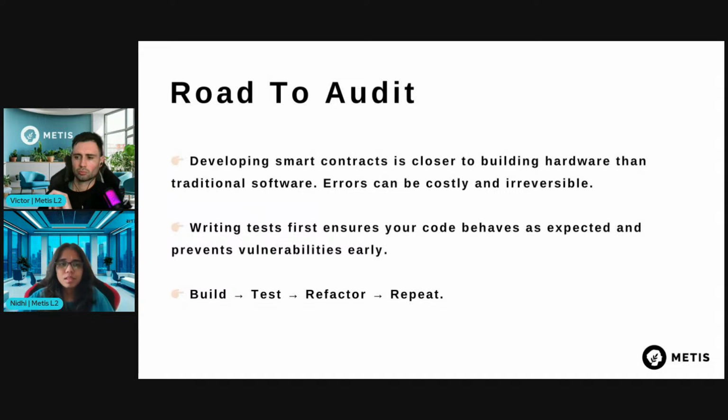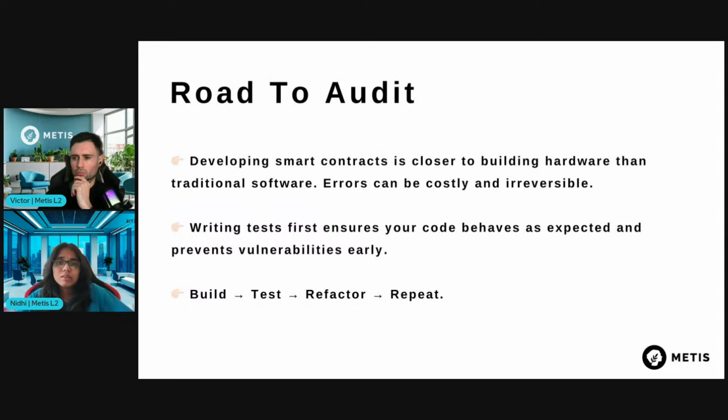One of the best ways to avoid issues early on is by writing your test cases first. It might sound a bit counterintuitive, writing tests before the code itself, but it really works.